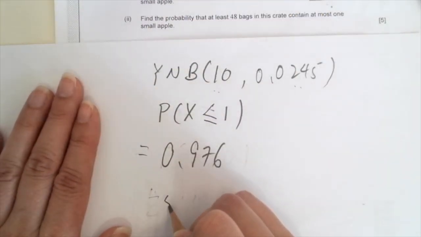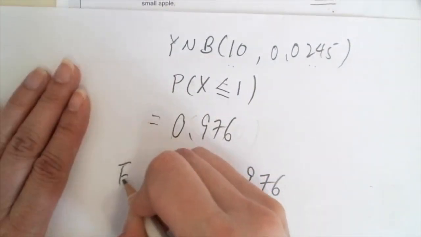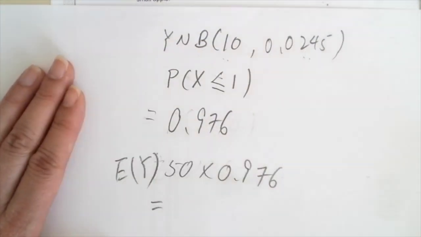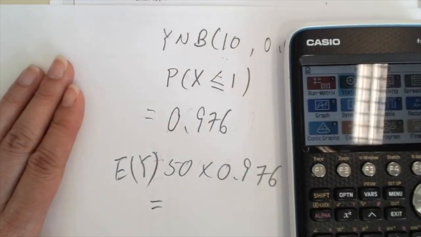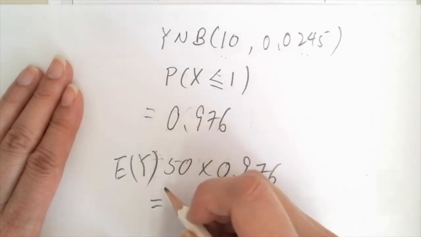So it's the same way. So we have 50 times 0.976 to get the expected value of Y here. Get back to our manual, the normal calculation. 50 times 0.976. Now I got 48.8.